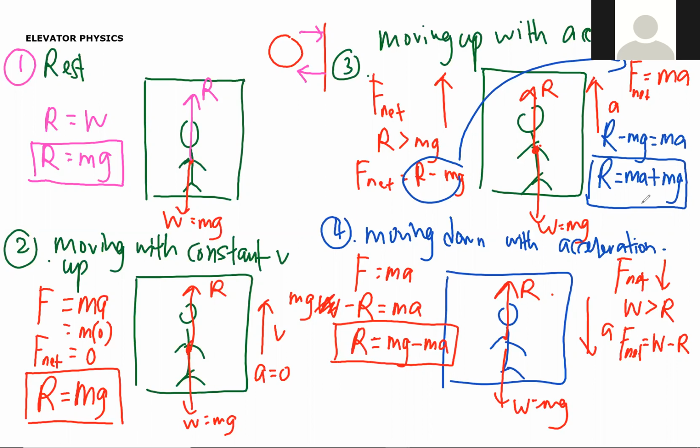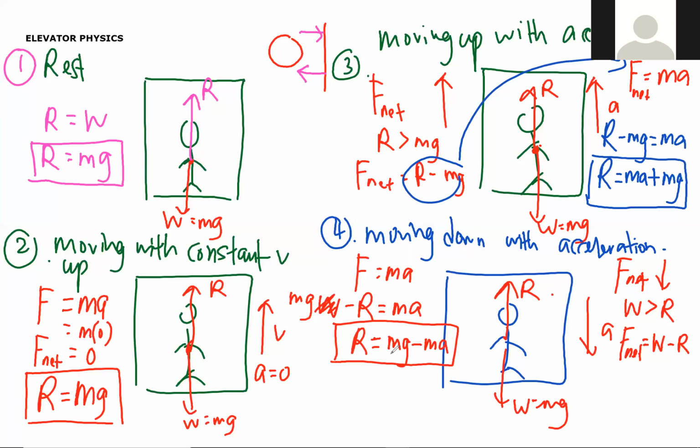And same with case 4. Case 4 is moving down with acceleration, right? So sometimes when you stand inside a lift that moves down, you feel like you are weightless, you feel lighter. Why? Because R is small. You see here R is mg minus ma, so it has to be smaller than your weight.